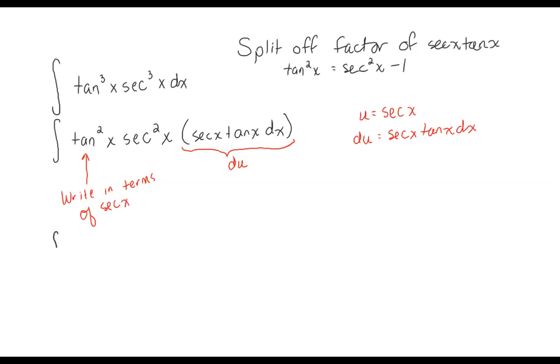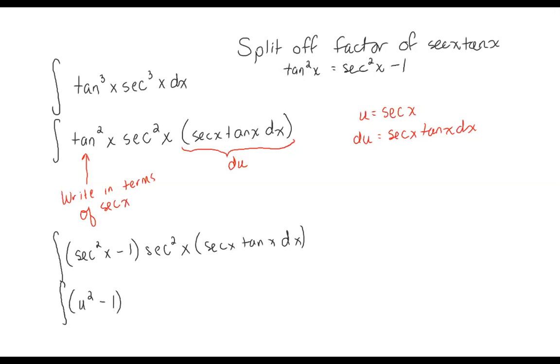I've got secant squared x minus 1 times secant squared x times secant x tangent x dx. Then if I put in all my u substitutions, I've got u squared minus 1, I've got u squared, and I've got du.